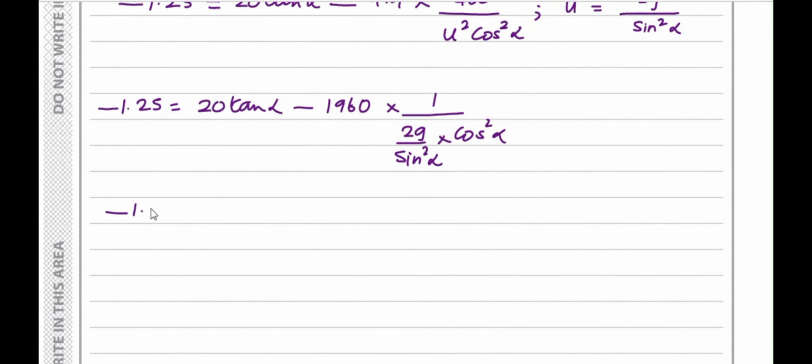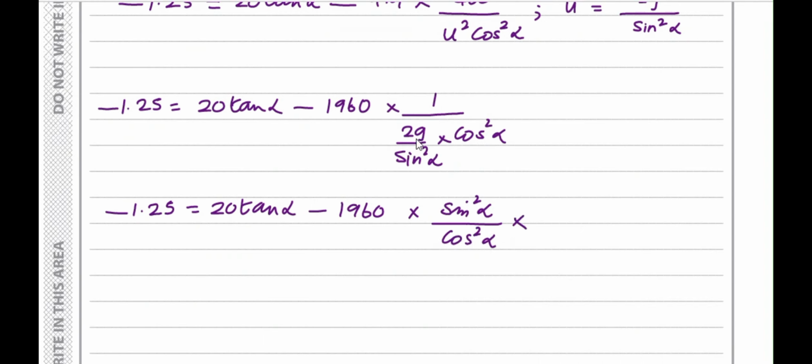Rewriting this, minus 1.25 is equal to 20 tan alpha minus 1960 times. The denominator of the denominator will come to the numerator. That is sin square alpha over cos square alpha times, now I got the 2g there, so 1 over 2 times 9.8.